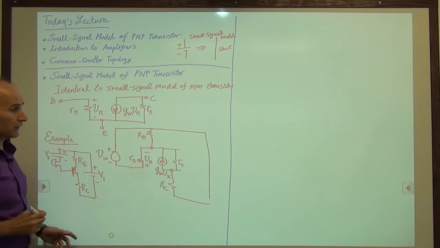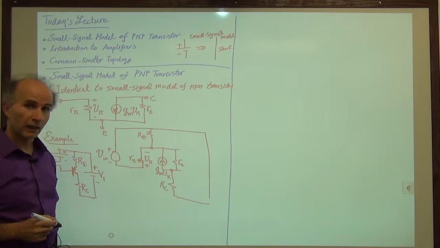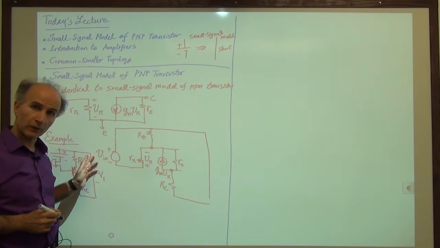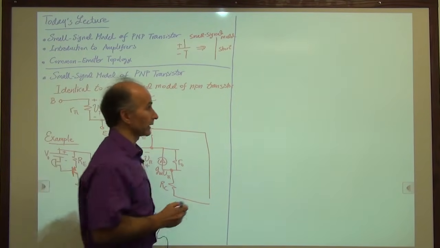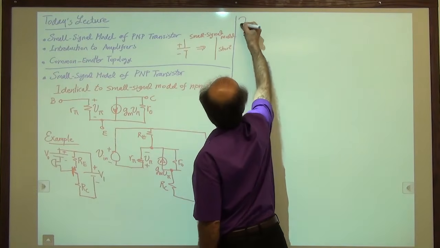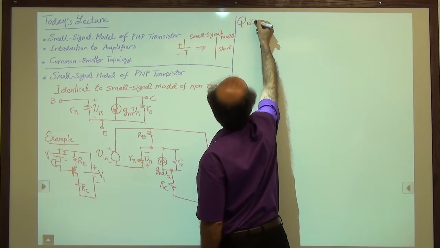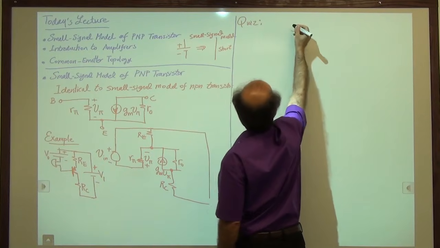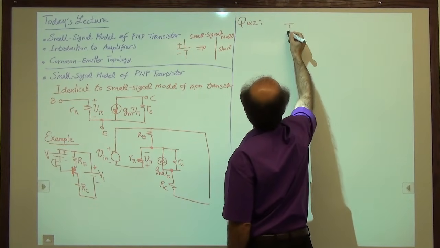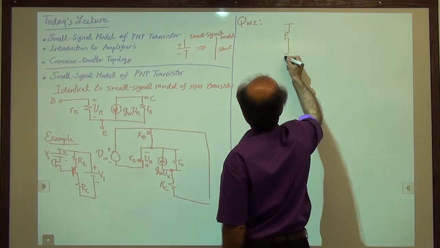Okay, this brings us to the quiz of the day. I give you another example and I ask you to draw the small signal equivalent circuit. So here's the quiz of the day. And here's the circuit whose small signal model we want to draw.